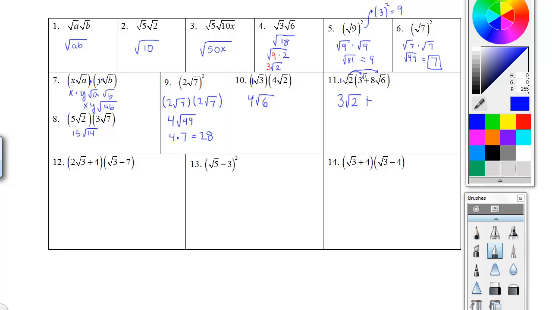And then here, 1 root 2 times 8 root 6. The 1 times the 8 is 8. And root 2 times root 6 is root 12. All right, and now look at that answer to see if either can be simplified, and you'll notice that the root 12 can be simplified.